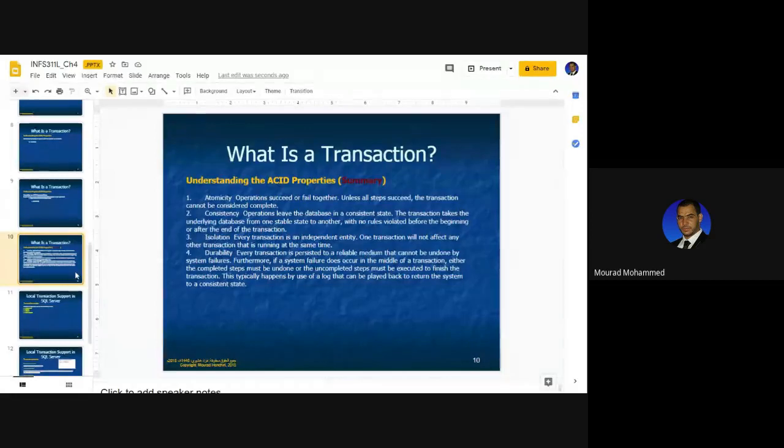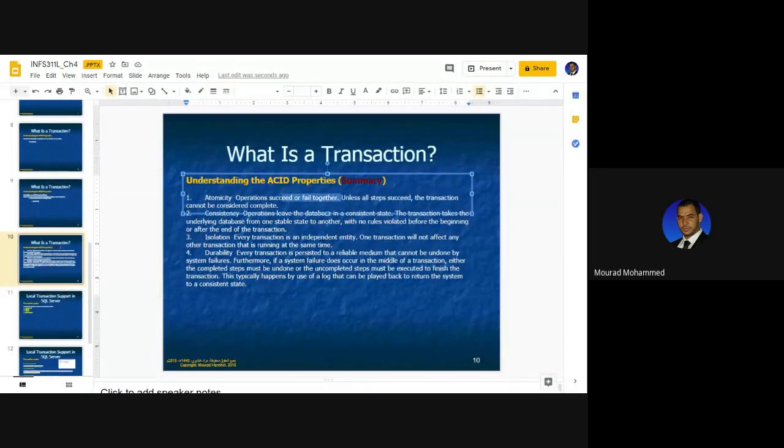So let's make a summary of what we defined regarding the ACID properties. The fact of being atomic means unless the final query or final command has been executed, the transaction is not to be considered finished or complete. As per the example of the ATM machine, we have 4 commands, and the 4 commands have to be executed all together.